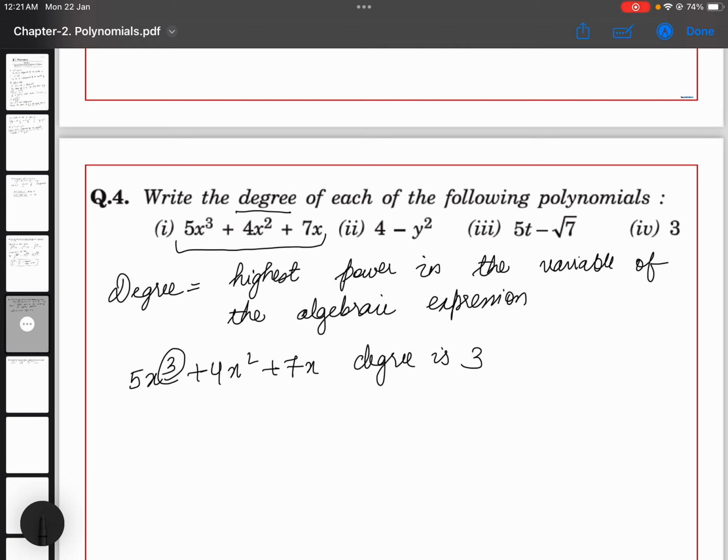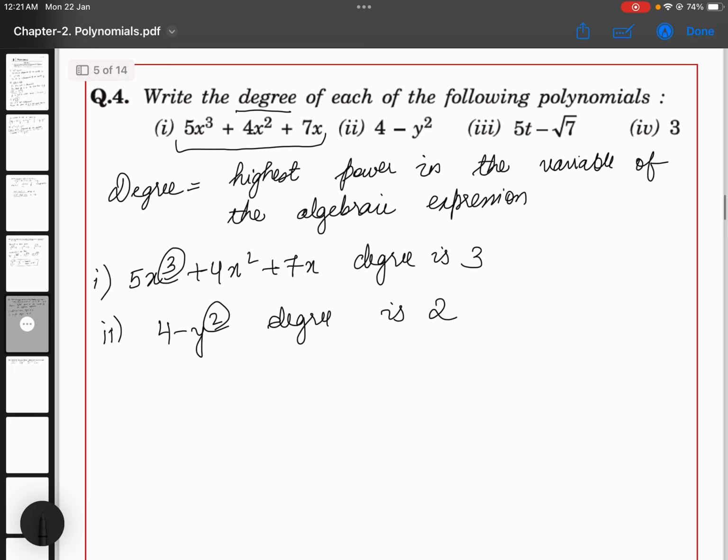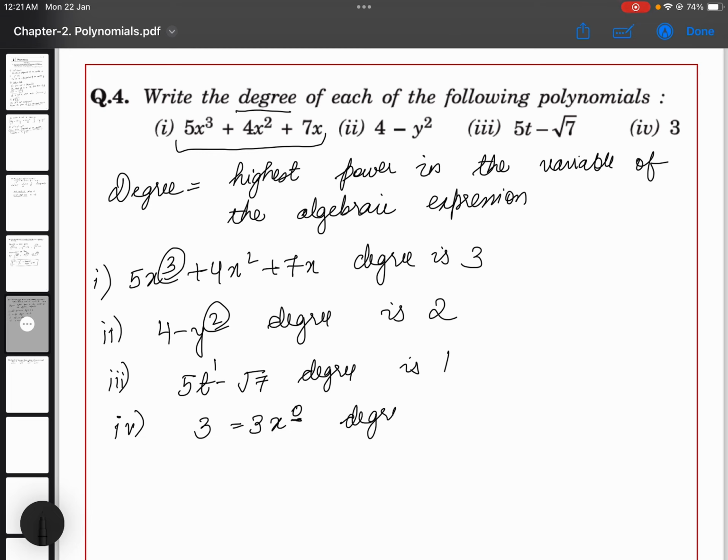For the second question, 4 minus y squared, the degree here is 2. For the third, 5t, the degree is 1 in the variable. The only variable that you see there is t, and the degree is 1. Now for the fourth question, it is a constant, but this can also be written as 3x to the power 0. So the degree means the highest power, right? So here the degree is 0. We're clear with this?